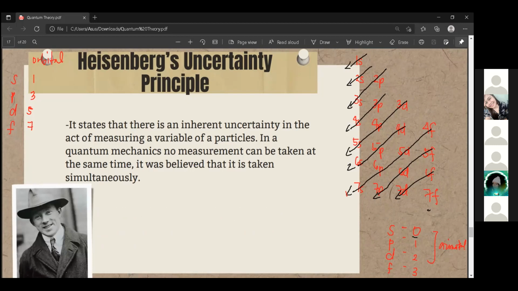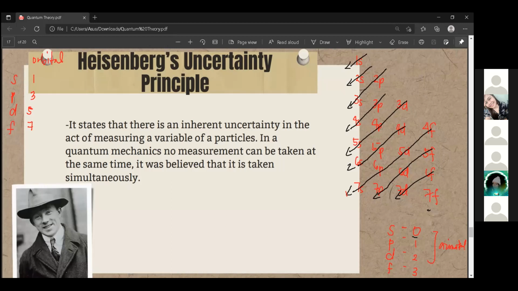According to this, it is impossible to really know the exact location of the electrons in the atom. So meron tayong mga predictions, like we have the quantum numbers, yung spin up and spin down, pero in reality, we cannot really determine the exact location of this electron. So there is an inherent uncertainty in the act of measuring a variable of a particle.